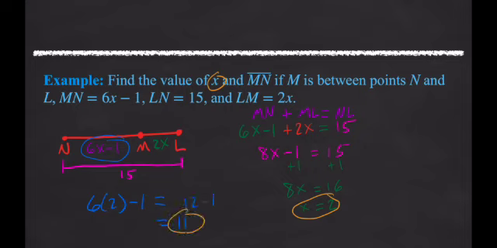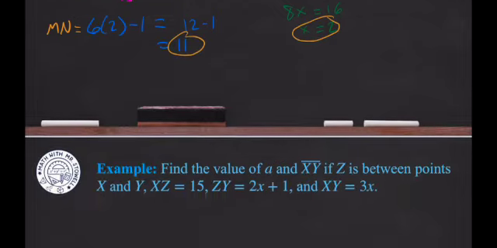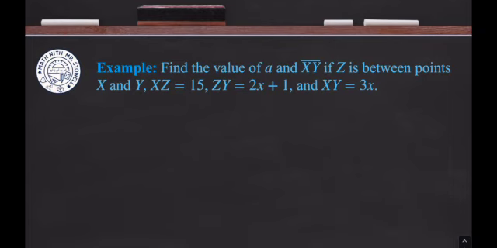So the length of MN equals 11. Okay? Notice whenever I write the length of it, I don't put the line over top. If I'm talking about the line segment in general, we put the line over top. If I'm talking about a specific length, I don't have to put the line over top. Okay? Here's another example.